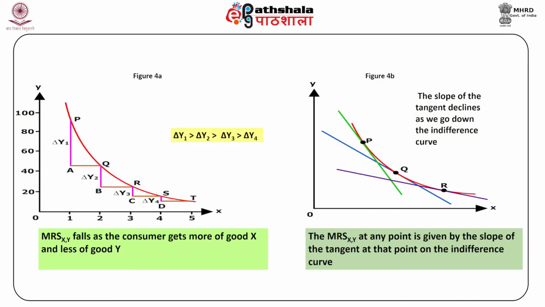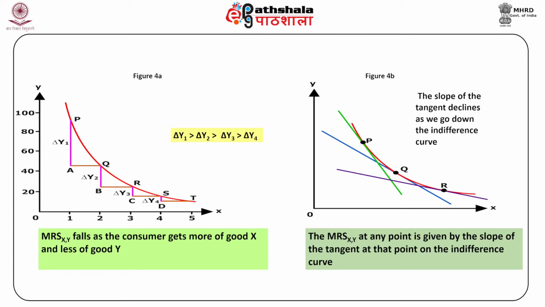Now you can see figure 4a and figure 4b. It is evident from figure 4a that as the consumer moves along the IC, the length of delta y becomes shorter and shorter while delta x is kept the same.